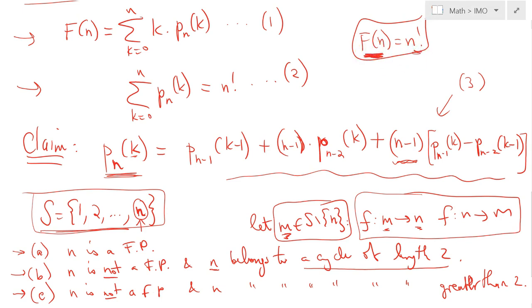That was the goal. The way to do it is to simply substitute things inside: you substitute this expression into the definition of f of n, and similarly you will make use of this as well.